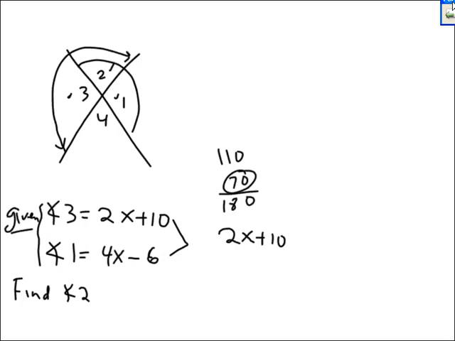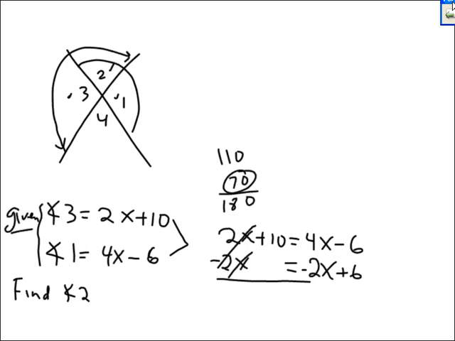2x plus 10 is 4x minus 6. The right-hand side of the equal sign has 4 x's. The left side has 2 x's. So I'm going to bring all the x's to the right side, which means I'm bringing the numbers to the left.